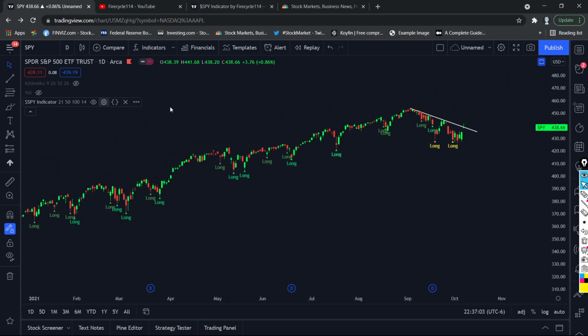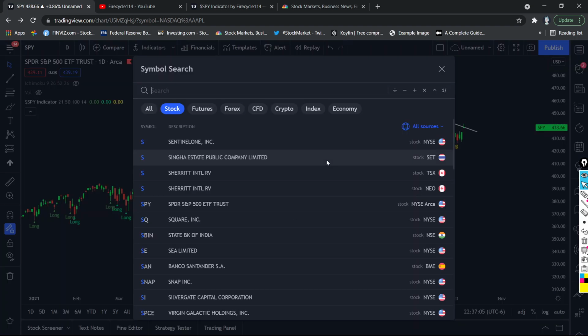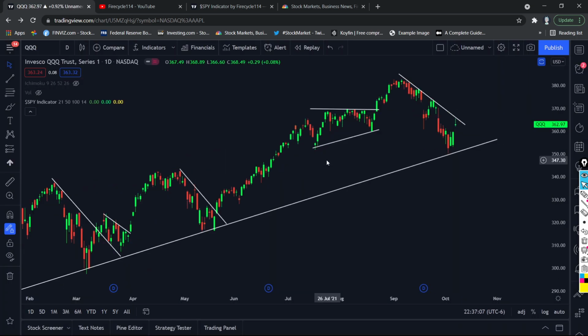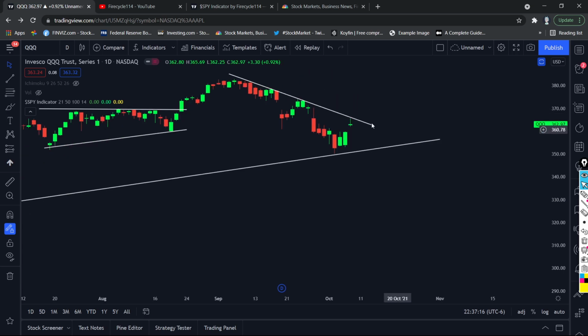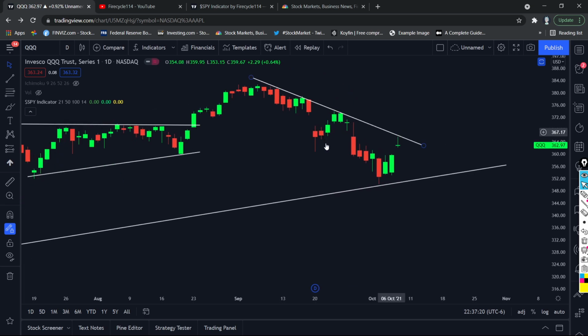So let's talk about SPY, and then QQQ. Now the short answer is no. Today wasn't a bull trap, but we closed bearish at the end. This is QQQ right over here, and this was our rejection level.